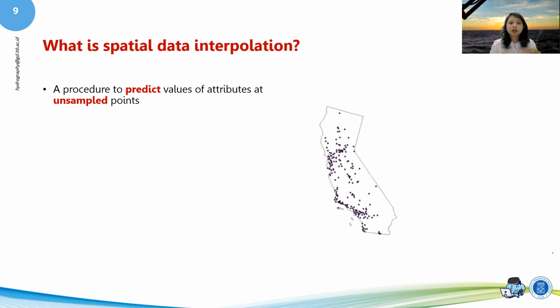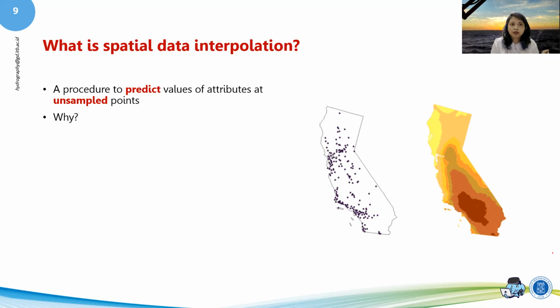For example, in California, we only have this many sample points, and we can make an interpolated surface by interpolating the sampled points, and then we will have this kind of map.